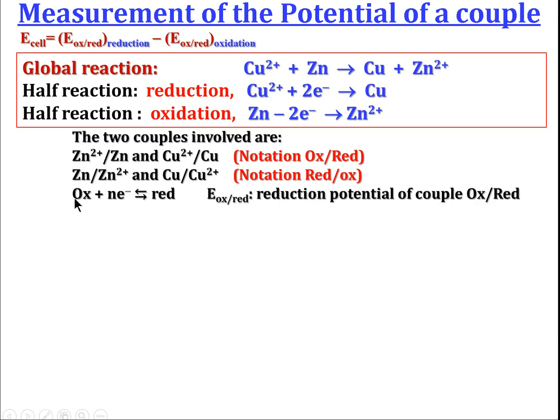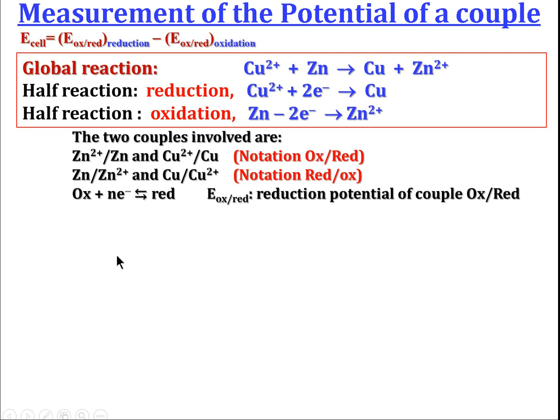If we write the half reaction starting with ox to red, the potential of this half reaction, or the potential of the couple, is E ox/red, which is named the reduction potential of the couple.